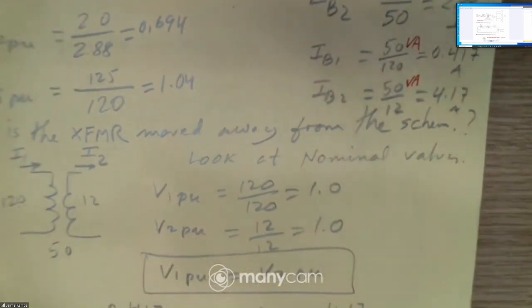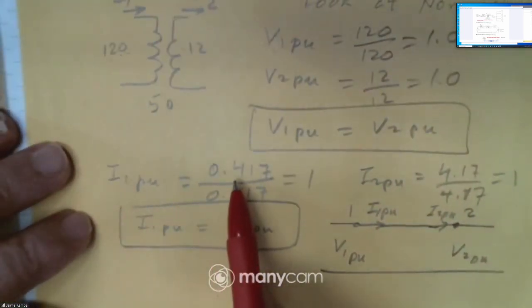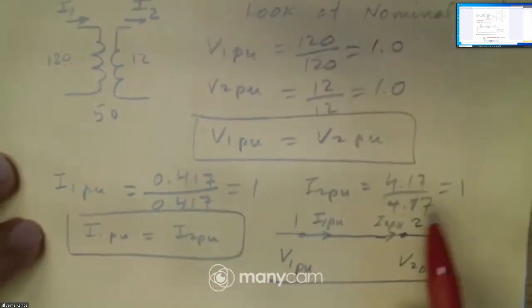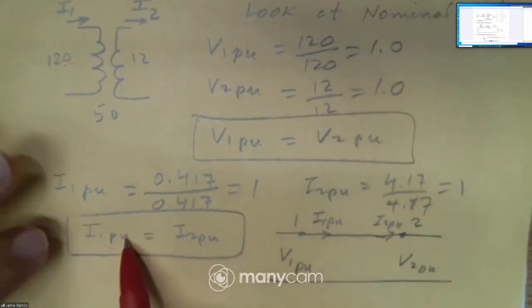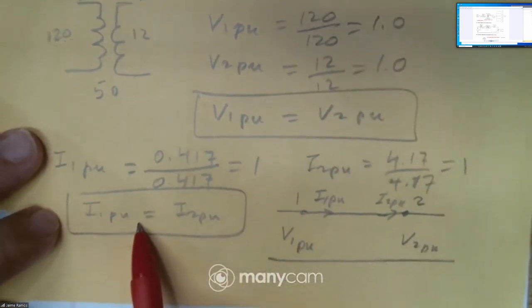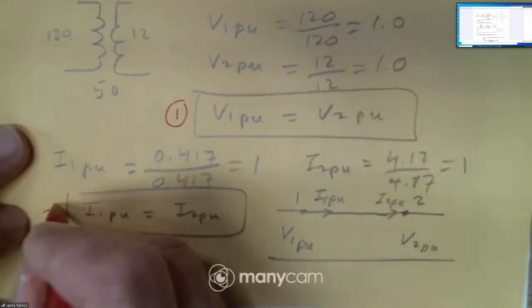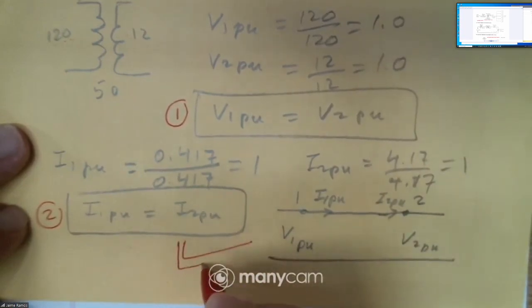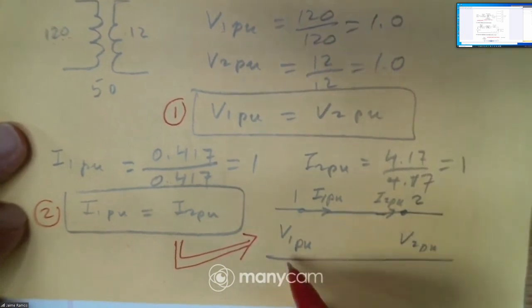So it turns out that the nominal current over the base current for the primary and for the secondary are also equal to one another. So then we have equation 1 and equation 2. From these two equations, we write the model of the transformer.